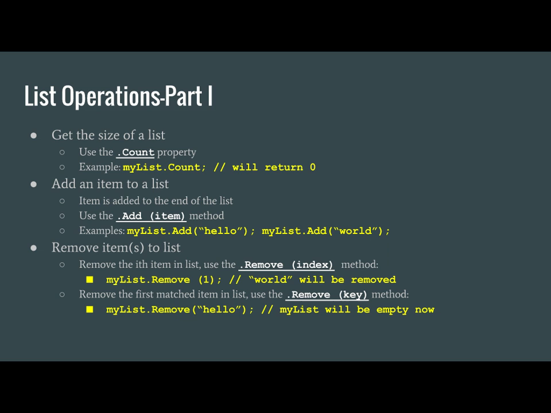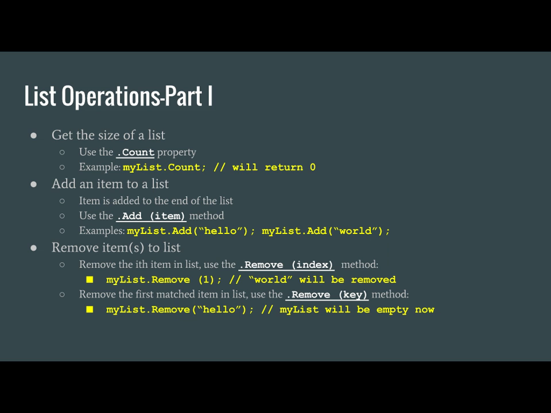And of course, we can also remove items from the list. What we'll need to use is the .Remove method. We can remove the items in the list in 2 ways. We can remove them by their index, or we can remove by matching them.